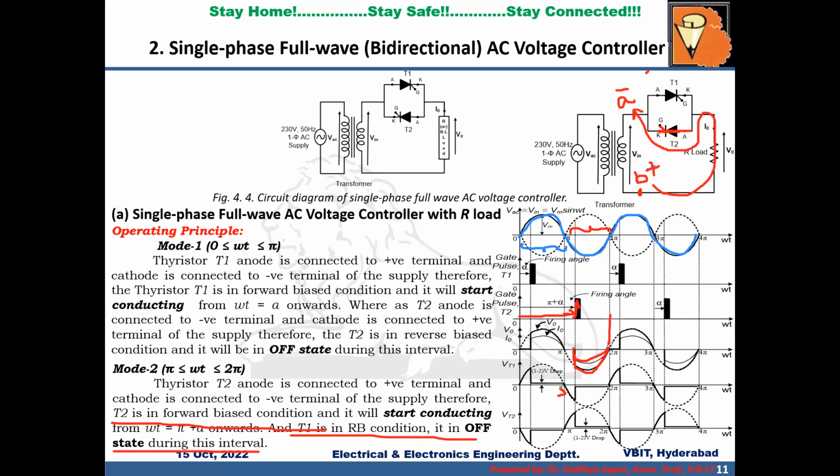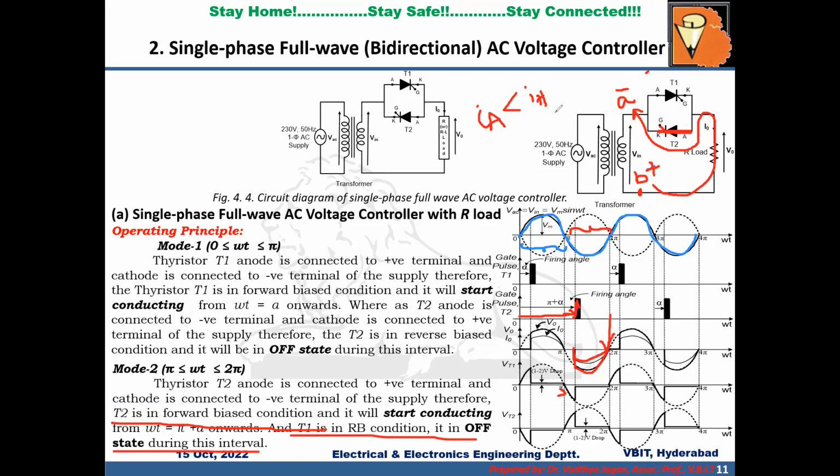But at omega t equal to 2 pi, at this particular point, the net current flowing through the thyristor T2 will go to 0, or in other words, the current flowing through T2 may fall below the holding current. So if the net current, that is the anode current, falls below the holding current, the thyristor will go off automatically.